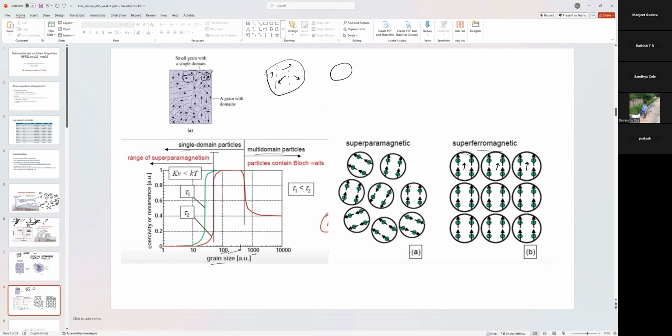However, once your grain size itself is very small and there's a single domain inside an individual grain, they are much easier to move around and can easily align themselves with each other. And then you get your super ferromagnetic material.